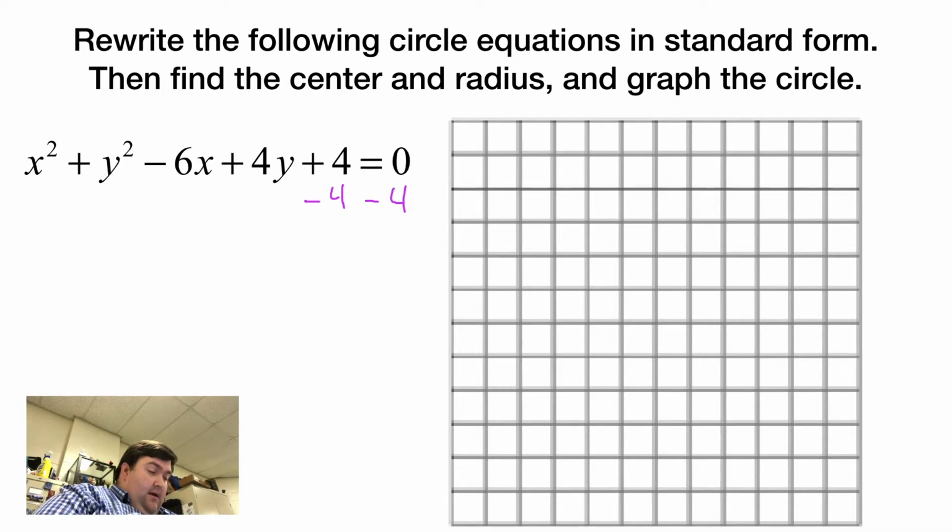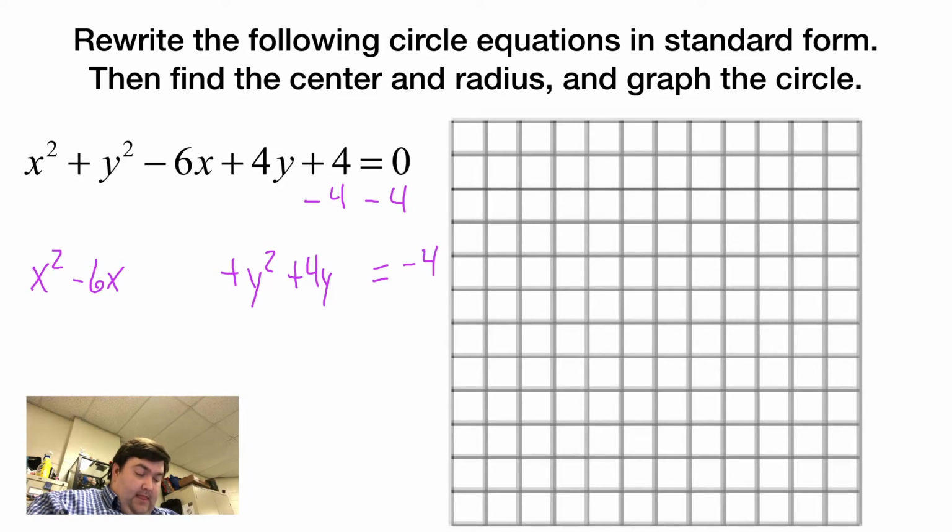So x squared, but now I'm going to say -6x, and then plus y squared plus 4y equals, let's give ourselves a little bit more room, equals -4.